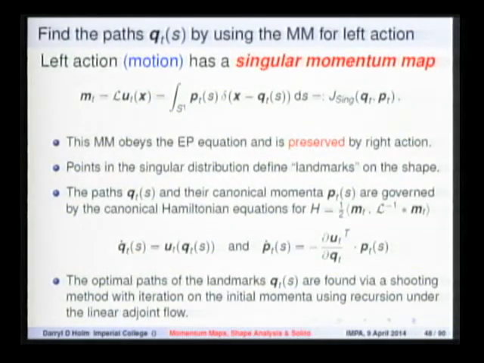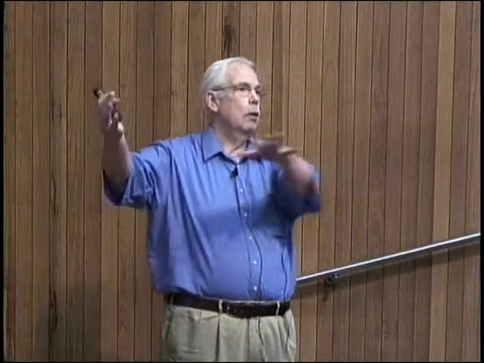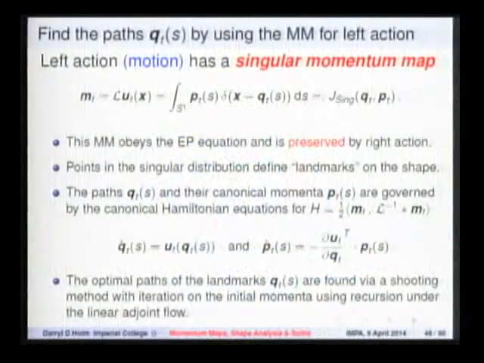Now, this is important because now we come to this control feature of the problem. We know this, so far it all looks like an evolution equation. But in order to find the optimal path of these points on the curve from one image to another, you use a shooting method, in which you choose an initial momentum. You integrate it from time 0 to time 1, and darn, that's not the target.